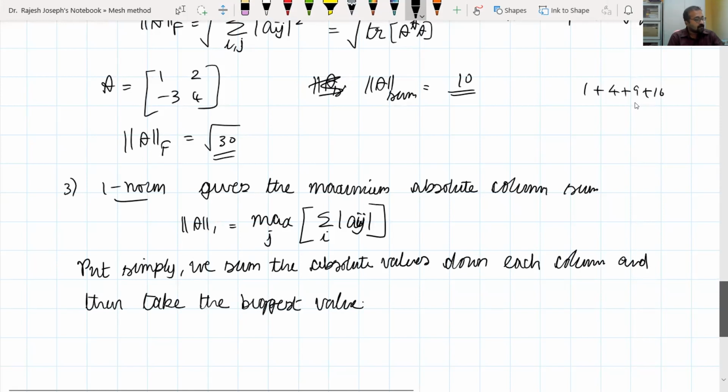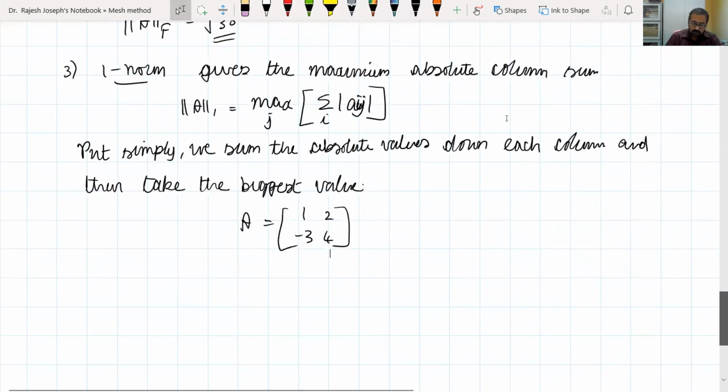For example, again A equal to 1, 2, minus 3, 4. What will be the one norm? How will you find the one norm? You just take the absolute values down each column. So what do you get? 4 and 6. The maximum value of that is nothing but 6. That is what is the one norm.